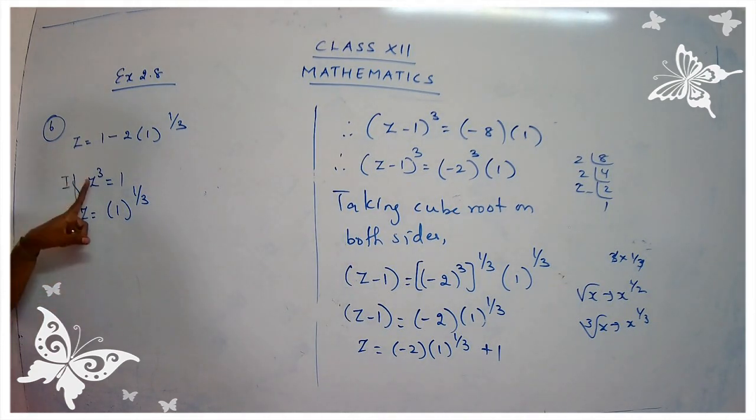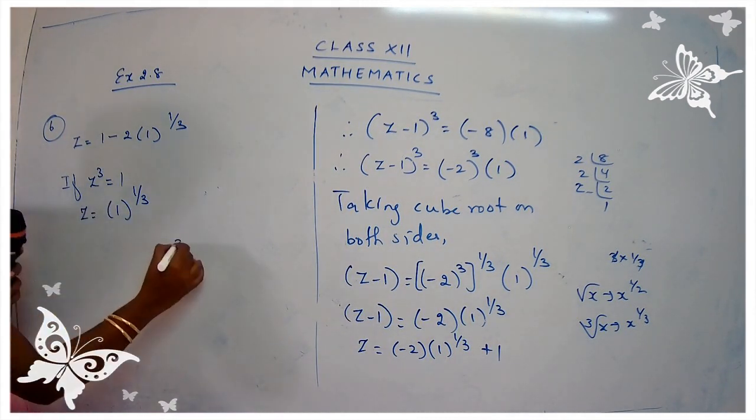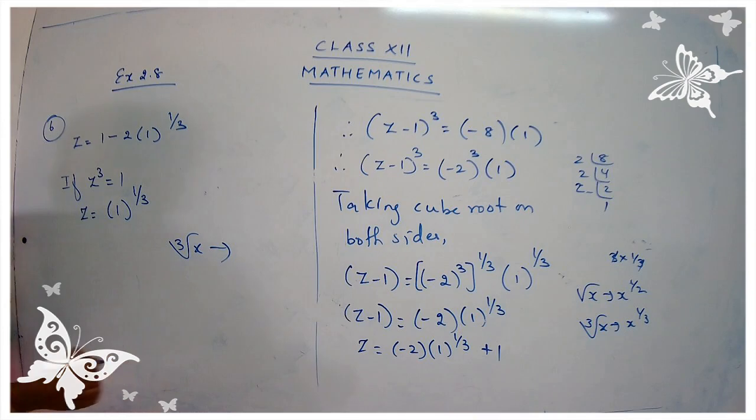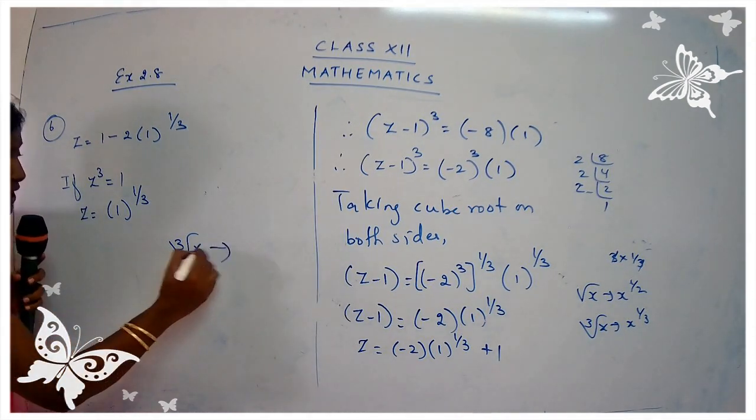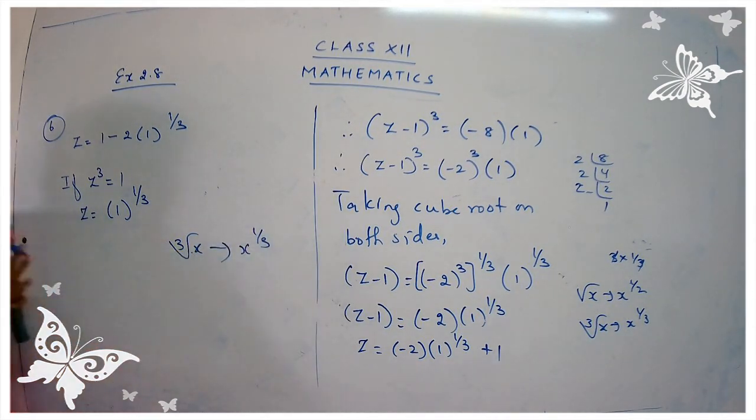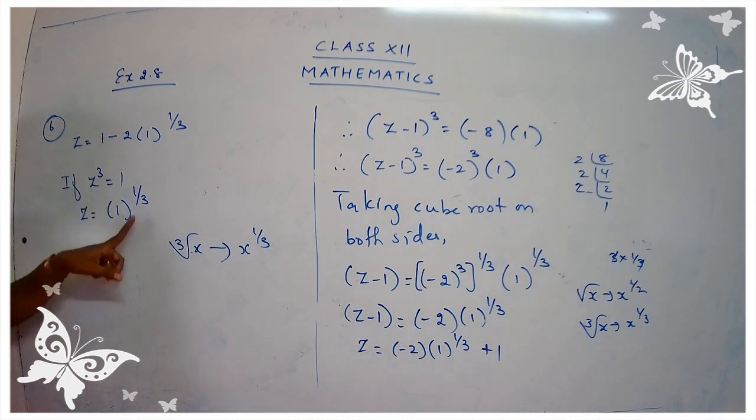See, z cube is equal to 1. So when you take the cube root of it, what do you get? Z. The 3, that is the cube root, and the power 3 gets cancelled, and 1 whole raised to 1 by 3. You know how to write down cube root in terms of power. Again, I am just reminding you. So you can write down this as x raised to 1 by 3. So z is equal to 1 the whole raised to 1 by 3.